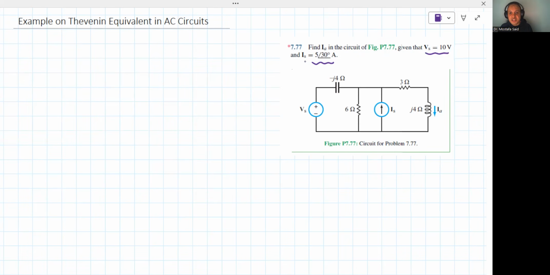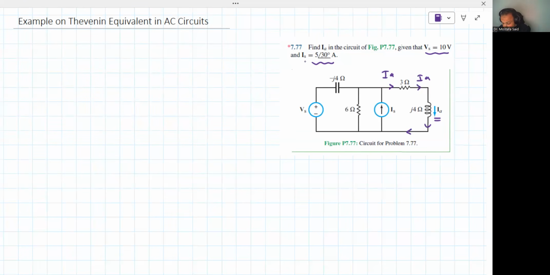If it's just 10, this means the angle is zero. What we want, basically, is IA, the current that flows in that branch. We solved that circuit before using the nodal analysis, and we're gonna solve it using Thevenin equivalent right now.